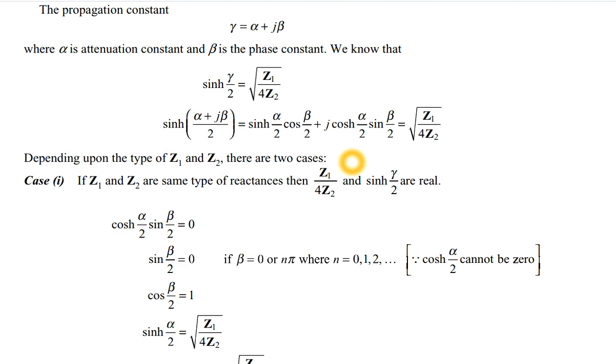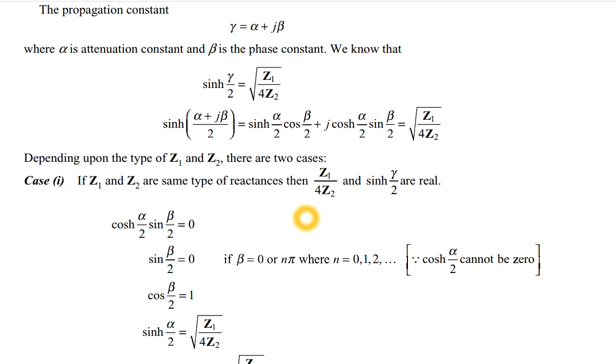That means what? Type of Z1 and Z2 means what? Here the Z1 and Z2 are going to be either inductor or capacitor. We are not going to use resistor in case of filter design. Fine. So we are going to consider either capacitor or inductor.